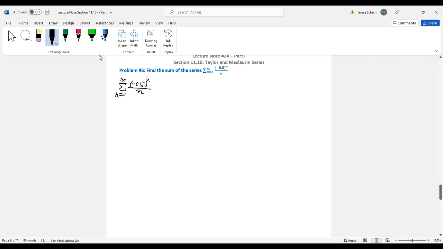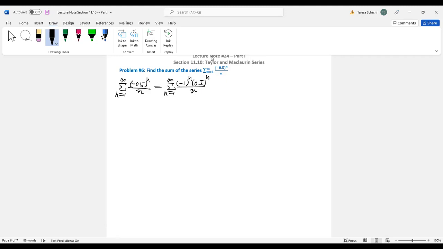So let's take a look here. It starts when n equals 1, so you can separate that: n equals 1 to infinity. This is negative 1 to the nth power, and then this is 0.5 to the nth power.